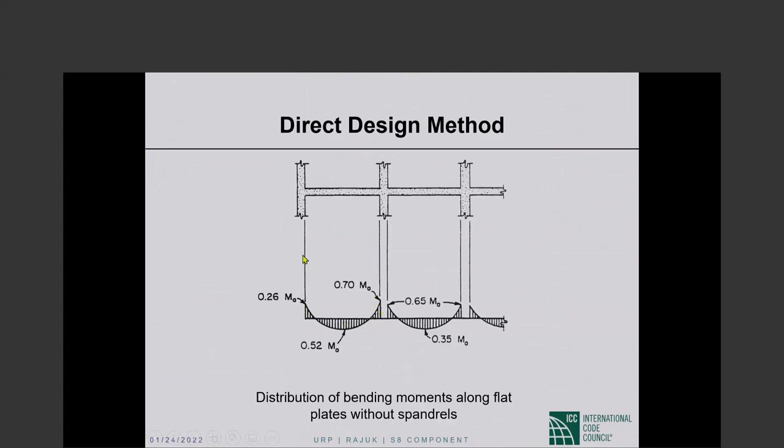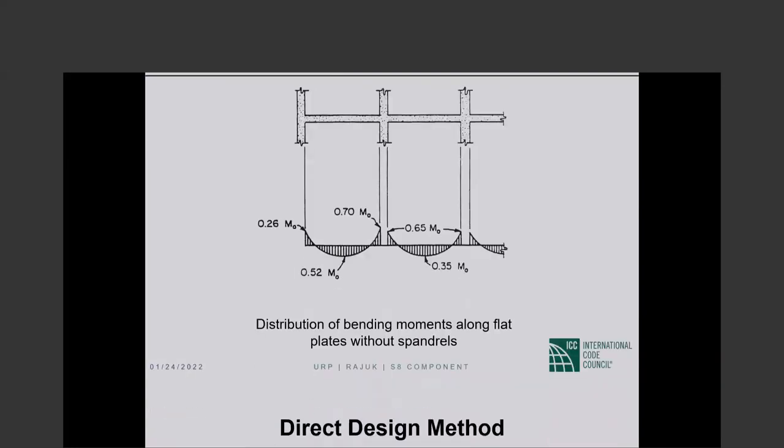This is for the end span of a flat plate. The interior span, it is 65, 35, that's 100. 65, 35 distribution, okay? 65% to the support, 35% to the span.